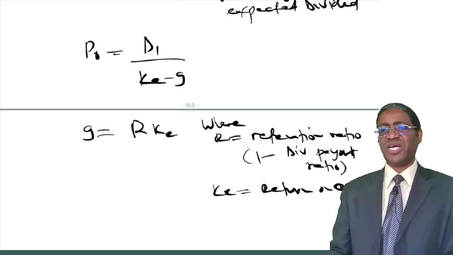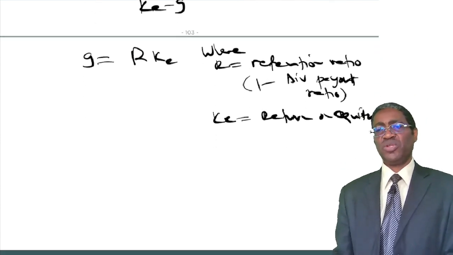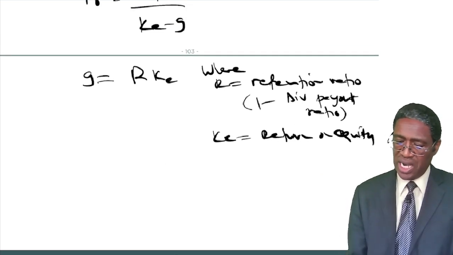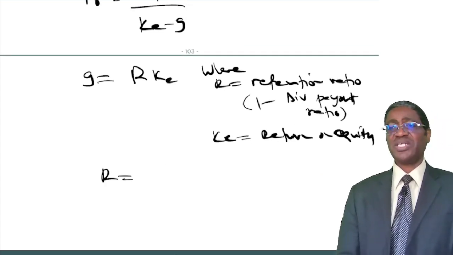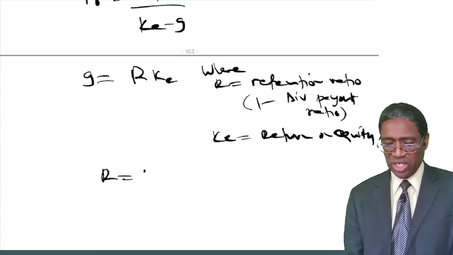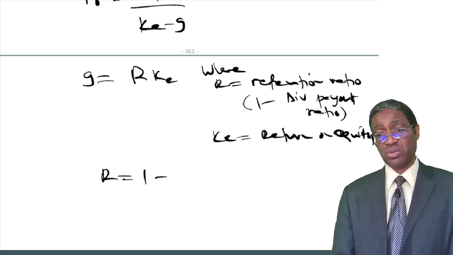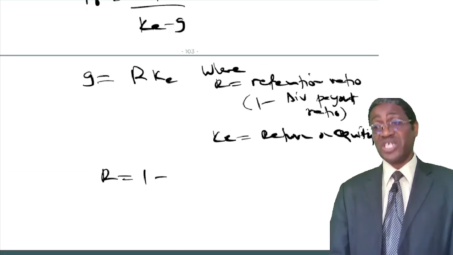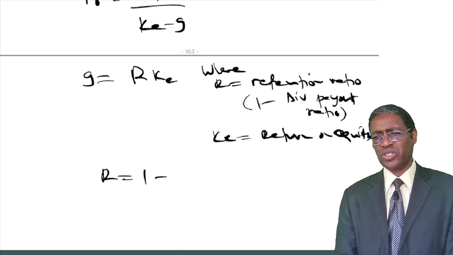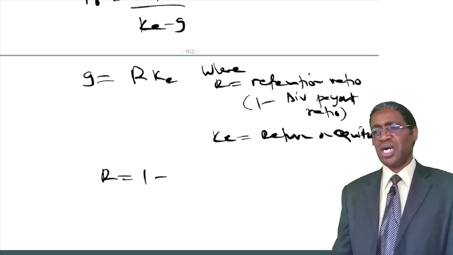We know the figures now. So copy that. We write here R, our retention ratio. I want to take 1 minus the payout ratio. We were given the payout ratio in this question, and we were told it was 60 or 40? Let's go back and check.